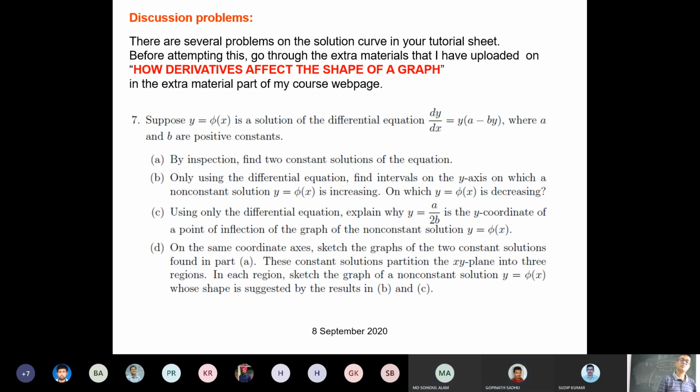And what is the geometrical interpretation of the point of inflection? The curve is going from convex to concave, or from concave to convex. Okay. Fine. So the second one is correct. It goes from concave to convex or vice versa.